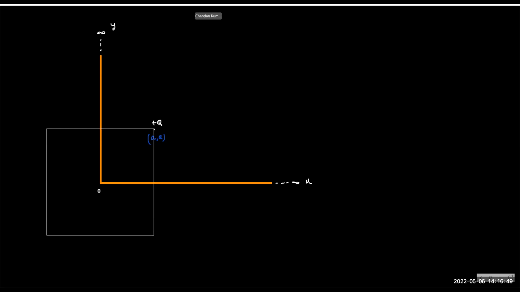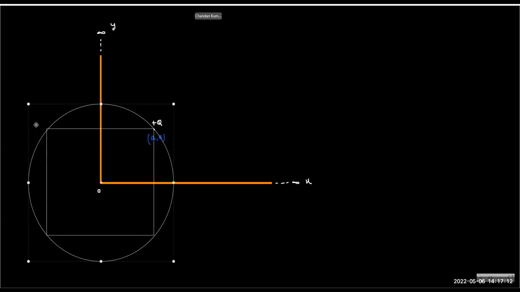All images will be on a circle actually, and the intersection of the conductors will act as the center. So basically, here we will have a circle like this. All images are formed on a circle.